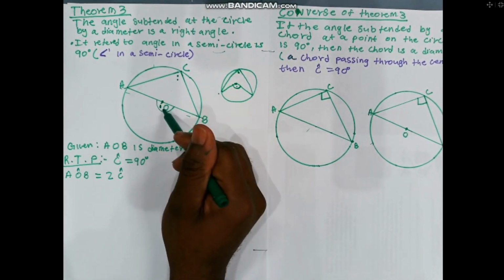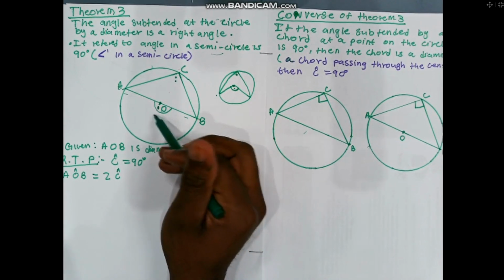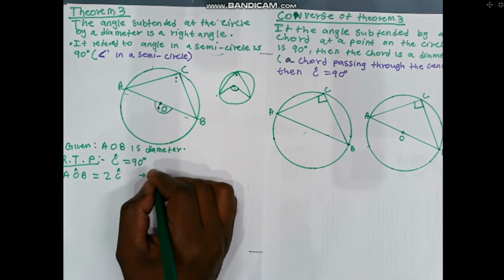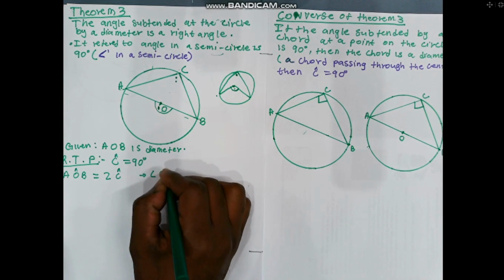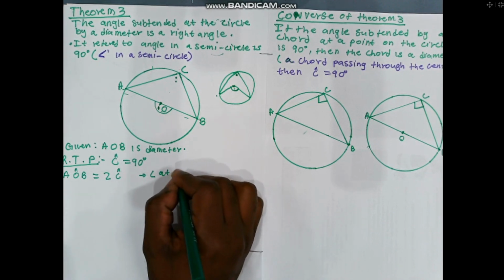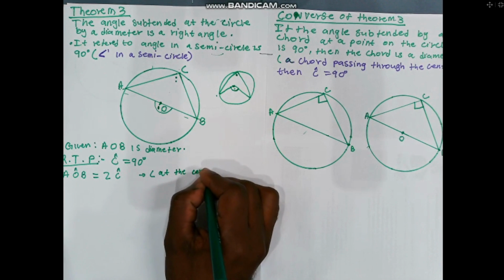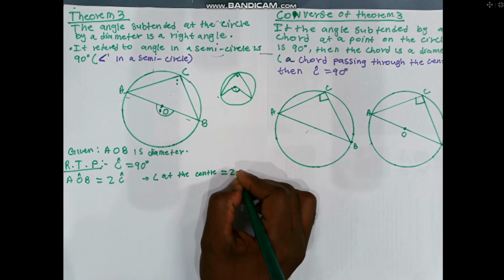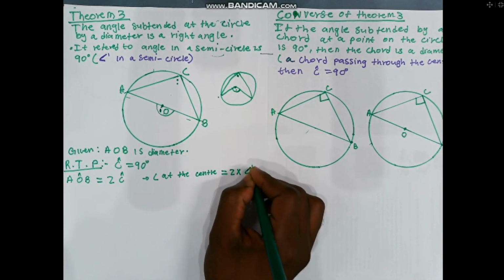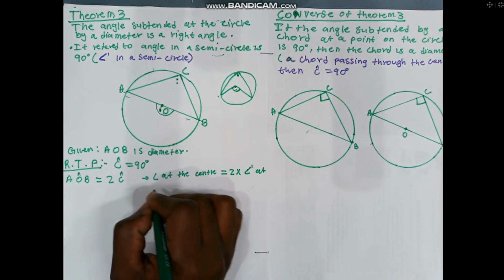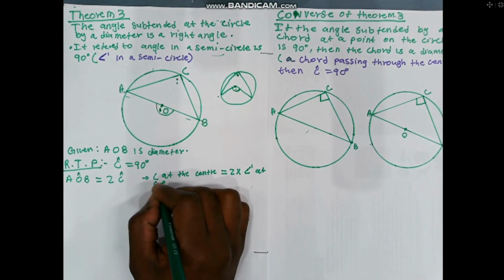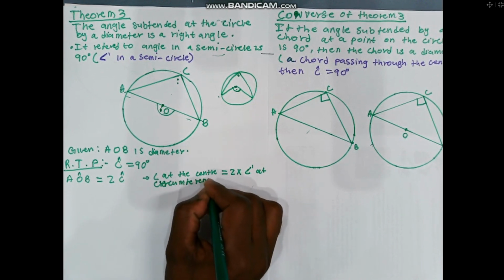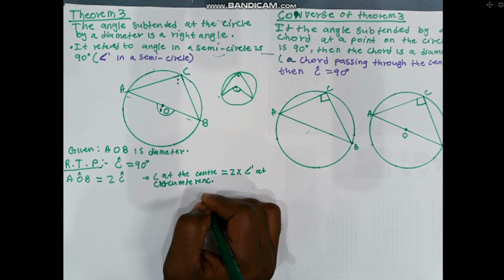So what is the reason here? Angle at the center is equal to 2 times the angle at the circumference. Hope you still remember that one.